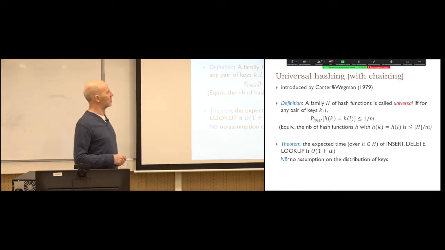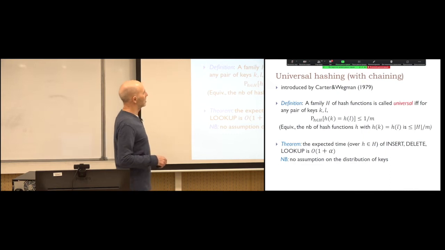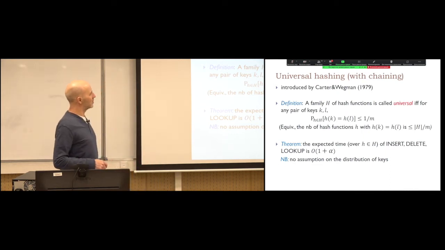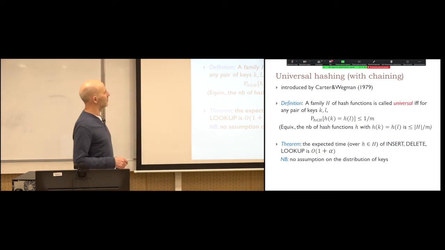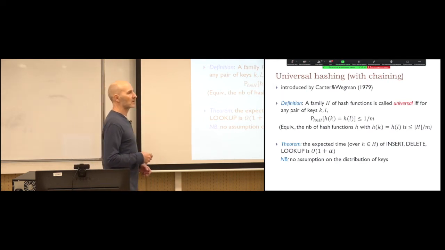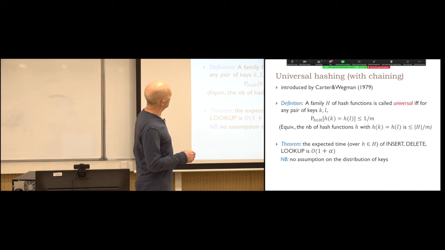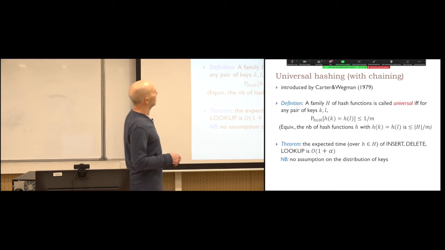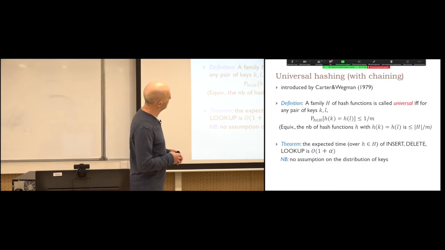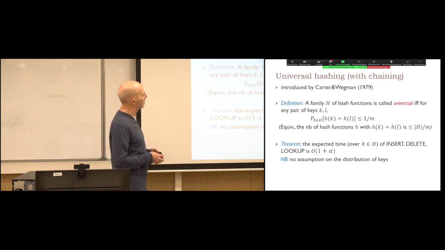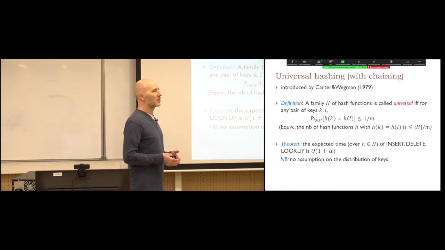This definition looks easy, but maybe you need a moment to digest it. Any pair, you mean for every pair? Yes, every. Any is a dangerous word because it can mean there exists a pair. No. k and l are a fixed but arbitrary pair of keys.